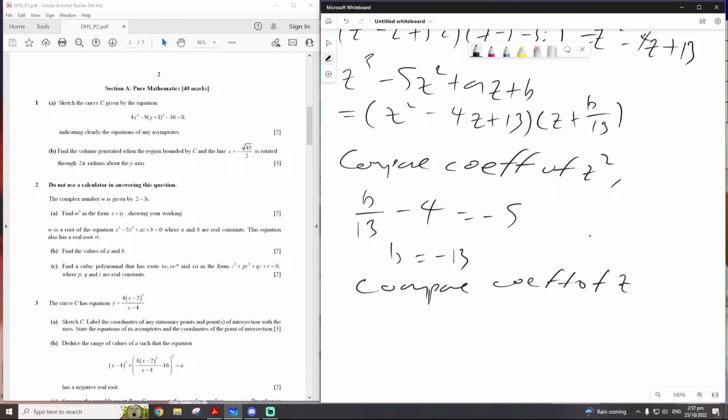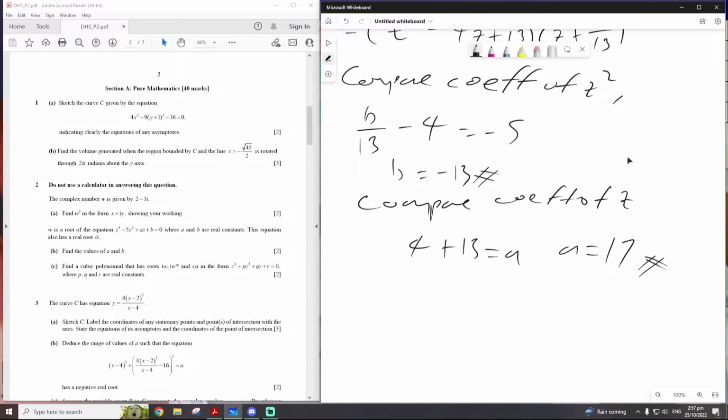If we do that, minus 4 times negative 1, right? So it will be positive 4. 4 plus 13 equals a. So therefore a equals 17. Okay, so take note, a is 17, b is negative 13. You can obtain this in any way.